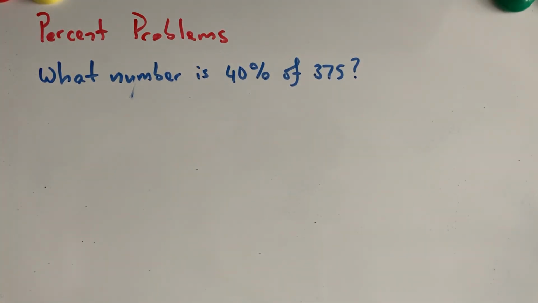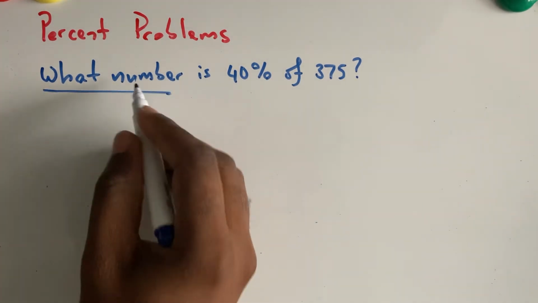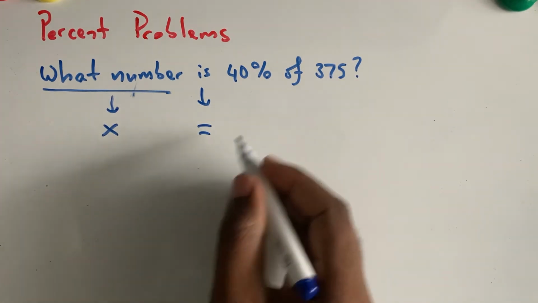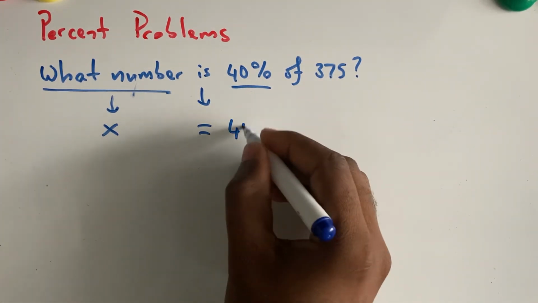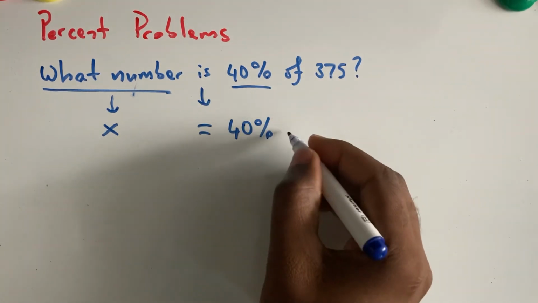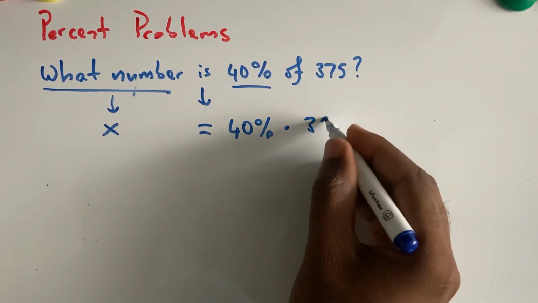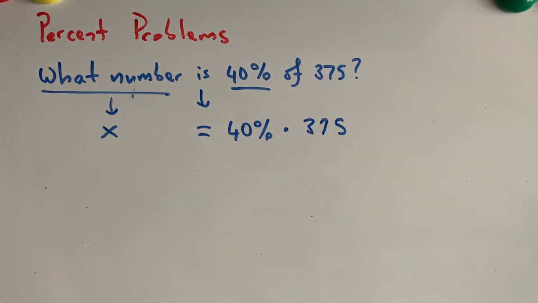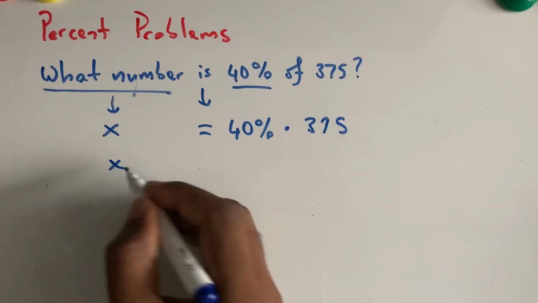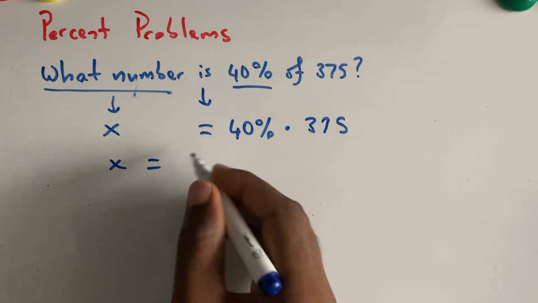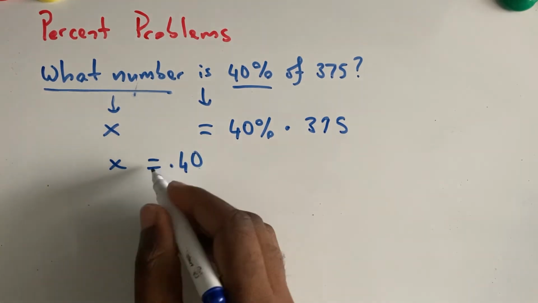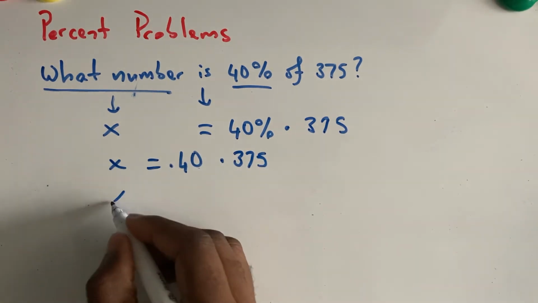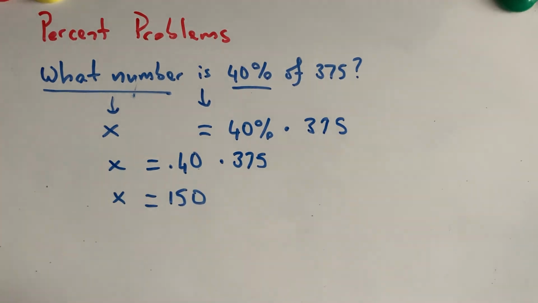In this case, what number would be x, because we don't know it, then the equal sign, 40% of 375. Okay, so what number is 40% of 375? Then x would be equal to 0.40, because that's 40%, times 375, and x will be 150, okay?